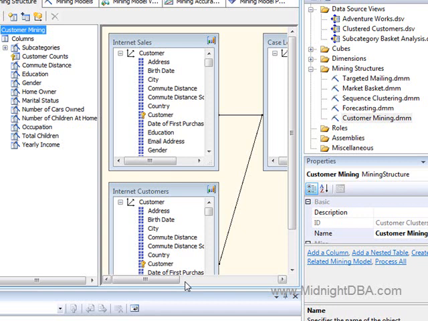And then once you have a data mining structure built, then you can start to add mining models where you choose different roles for different variables and then look at the actual results through that mining model. So it'll be a little clearer in the example here.